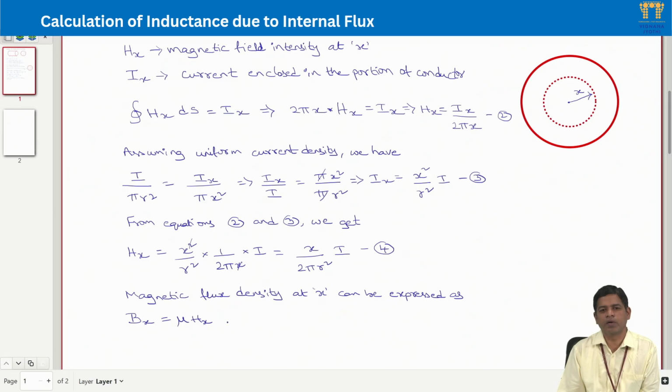Where this mu represents the permeability of the conductor.